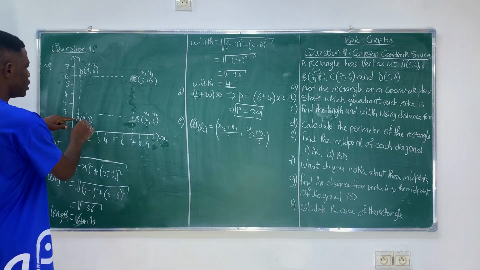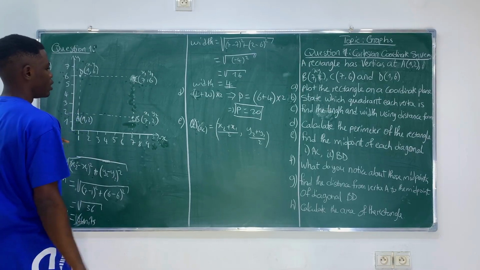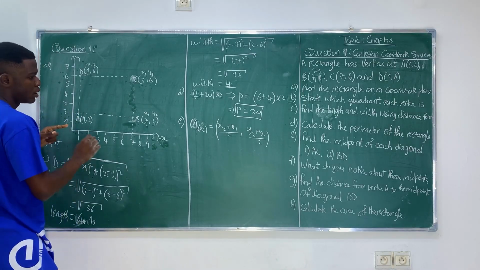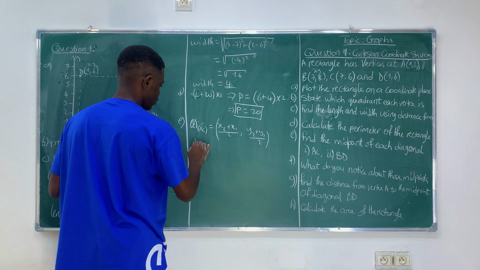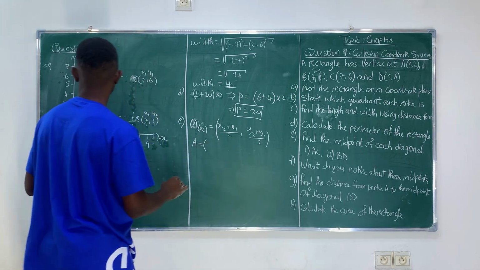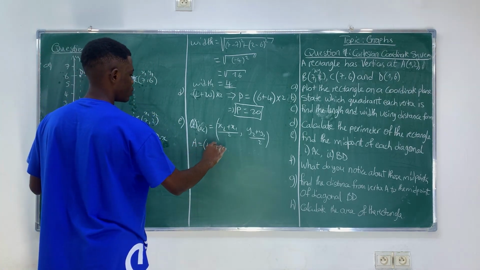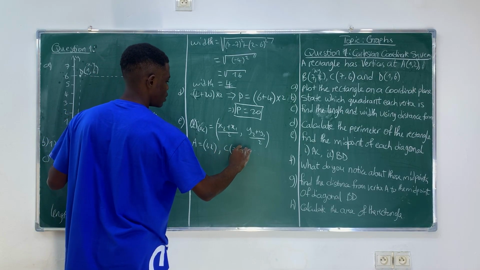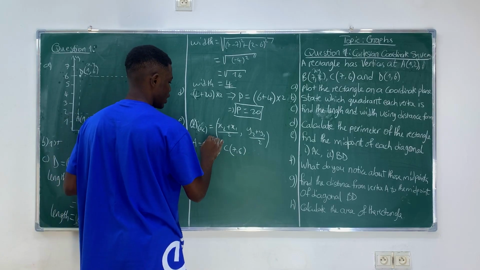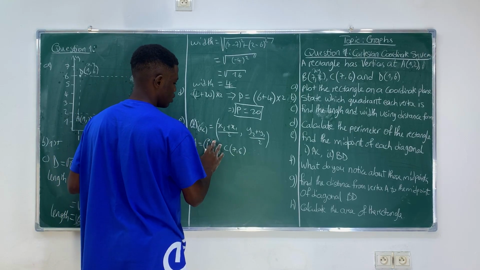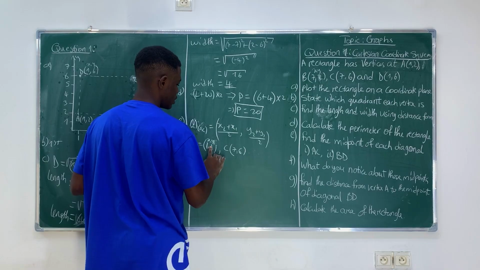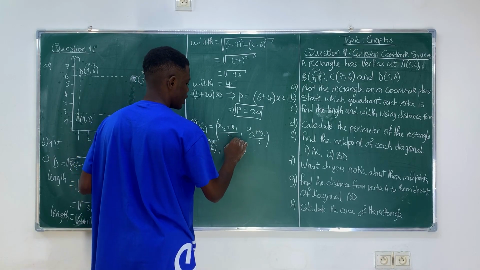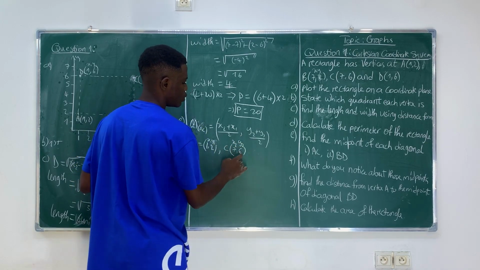What is AC? This is A, this is C, this is actually the diagonal. The coordinates of A are 1 and 2. The coordinates of C are 7 and 6. So my x1 will be this, my y1 will be this, my x2 will be this, and my y2, this.